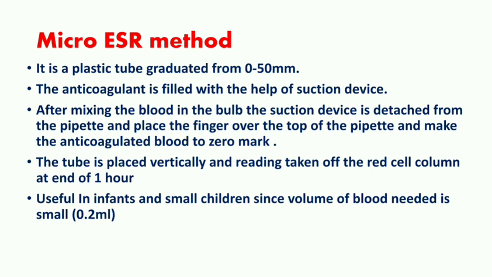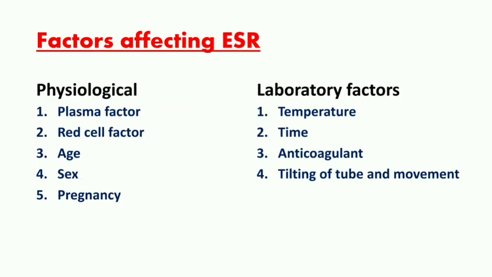The tube is placed vertically and the reading of the red cell column is taken at exactly 1 hour. It is useful for infants and small children since a small amount of blood is needed. Only 0.2 ml of blood is required for this method.